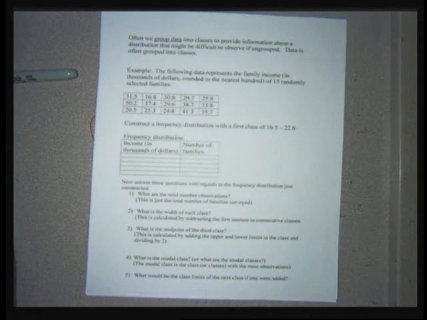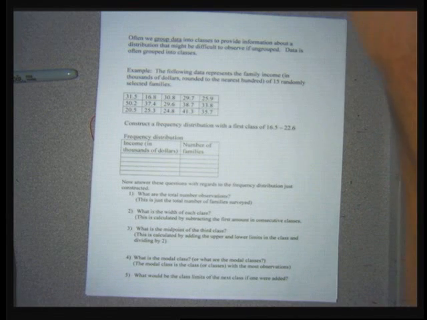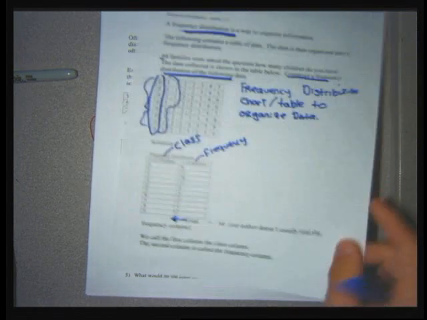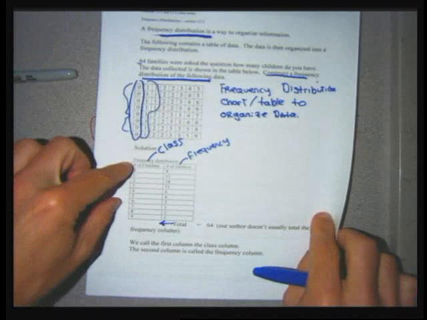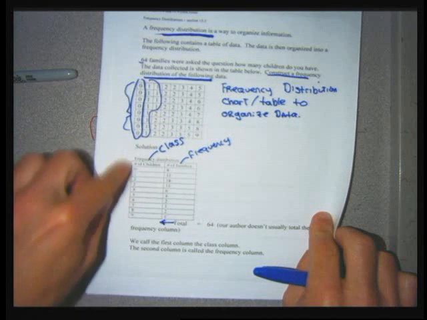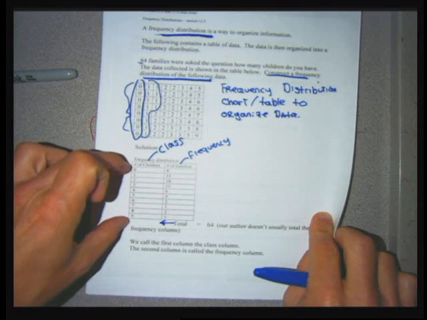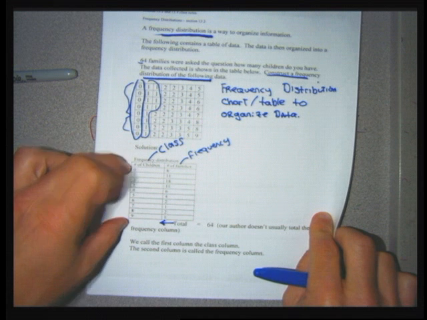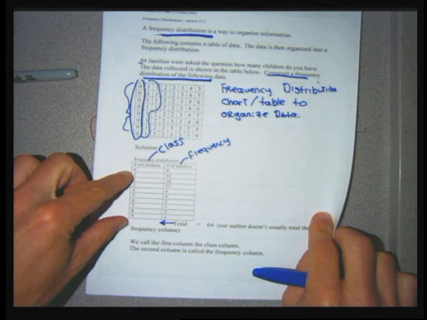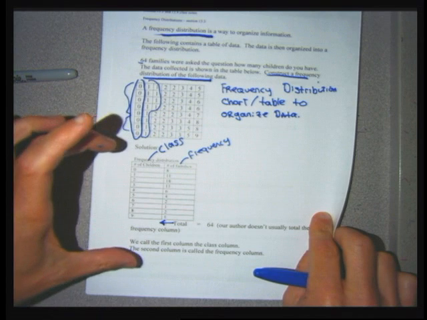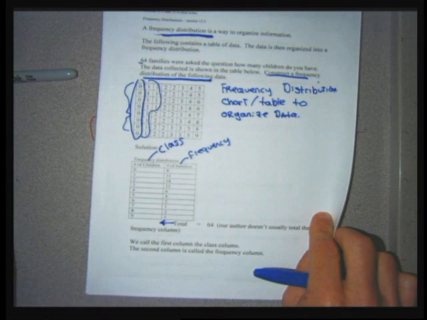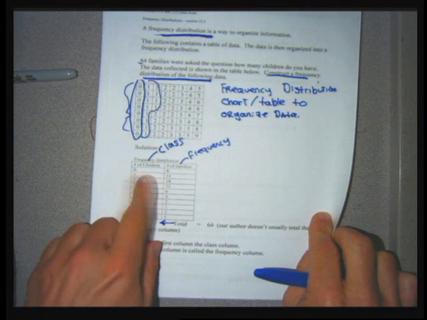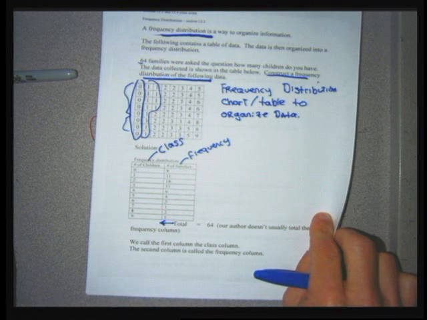Sometimes, if I only made each class have one number in it, then the table might get crazy long. And sometimes it's necessary to make the classes a range of numbers. Our author gives us some examples with that, and this is as good as any.